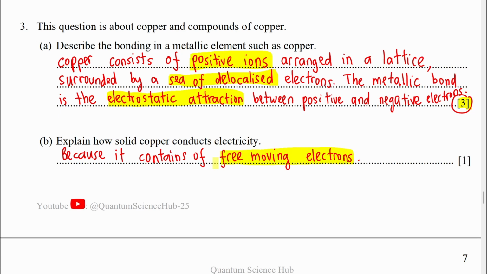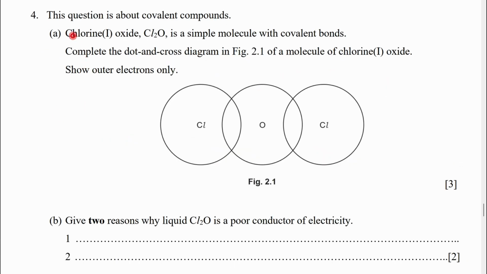Okay? Next question. This question is about covalent compounds. Chlorine(I) oxide, Cl2O, is a simple molecule with covalent bonds. Complete the dot and cross diagram in figure 2.1 of a molecule of chlorine(I) oxide. Show outer electrons only. First of all, we have to know the atomic number of chlorine, which is 17, right?